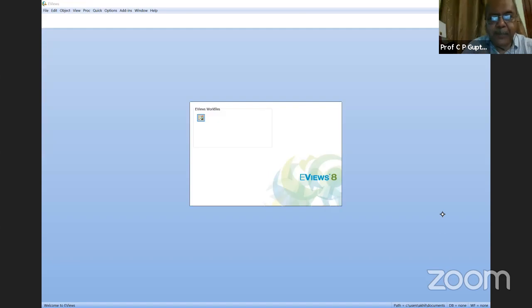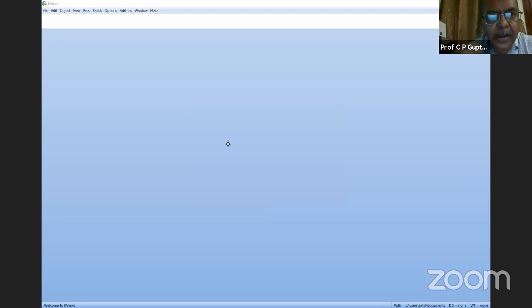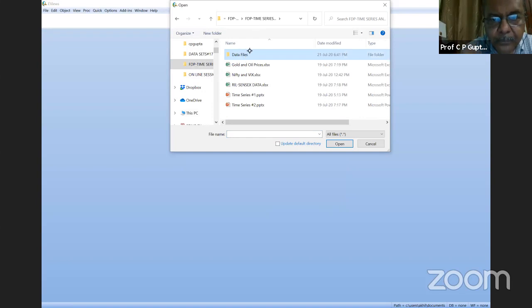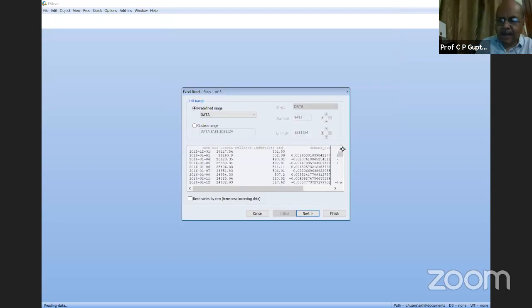So friends, please open up your file. I think some of you are asking about Reliance and Sensex. So let's take this file, the Reliance and Sensex file.